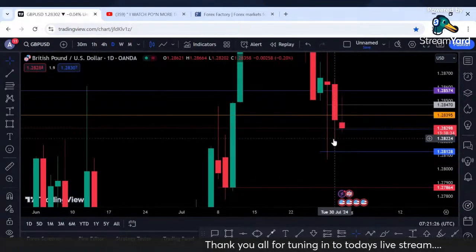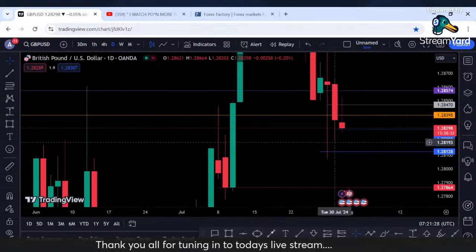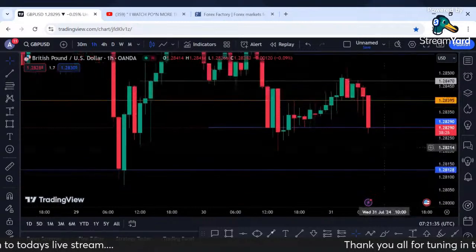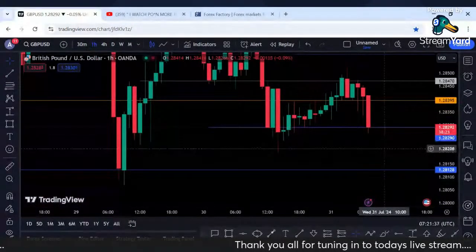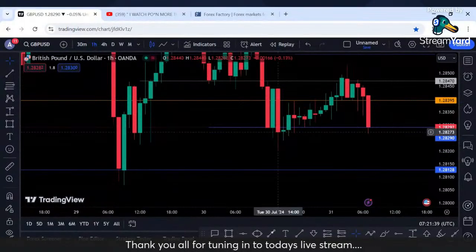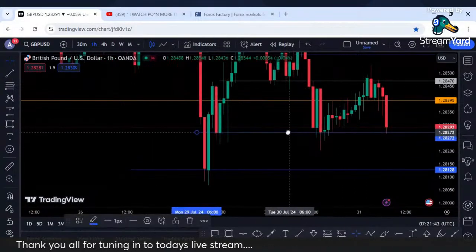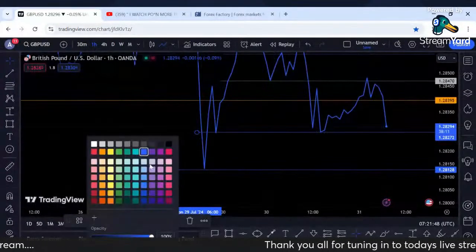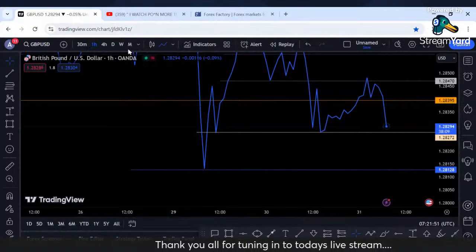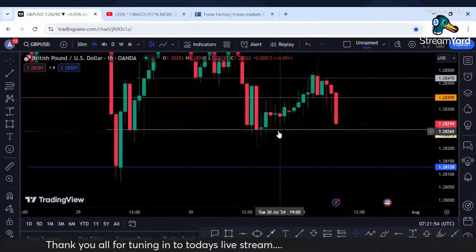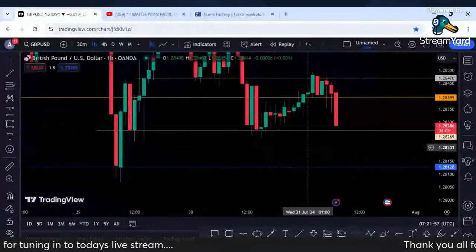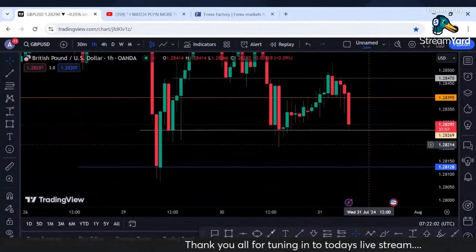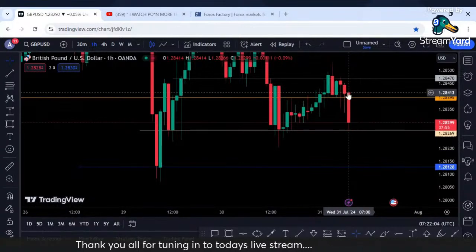So this is the week the market might sell this week. I don't have faith in this movement.